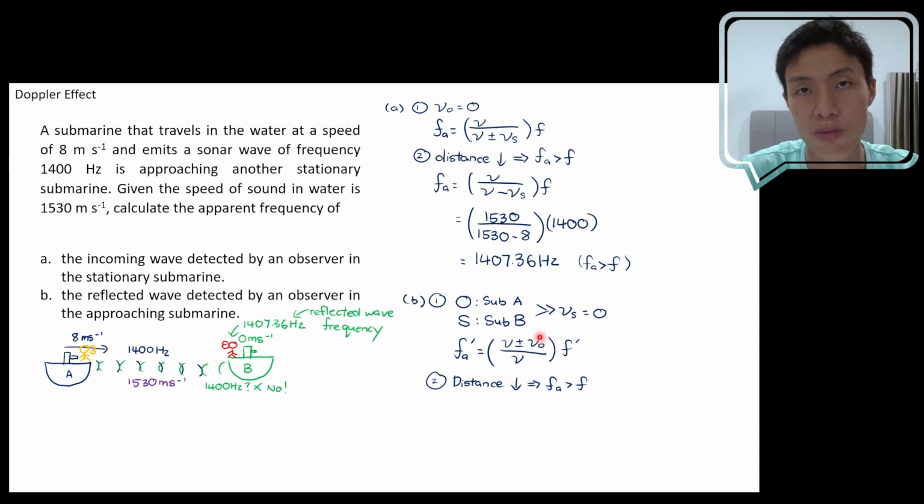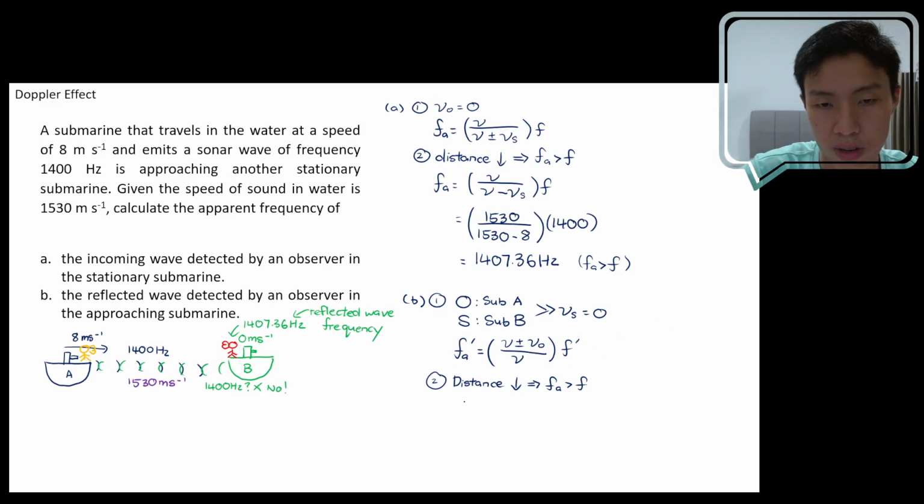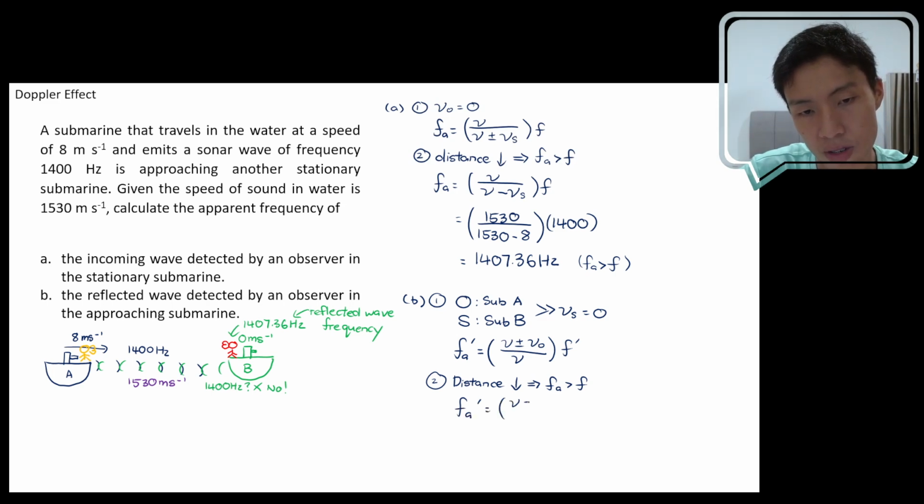Only if this bracket is greater than 1, then your apparent frequency is greater than your frequency produced. So that's why you want to make your numerator greater, so the equation will have a plus on top, (V plus Vo) divided by V, then you have your produced frequency. Okay, so a plus just to make the numerator greater. Why make the numerator greater than the denominator? So that we can make the apparent frequency greater than the frequency produced.